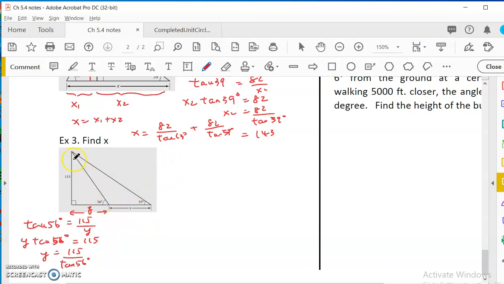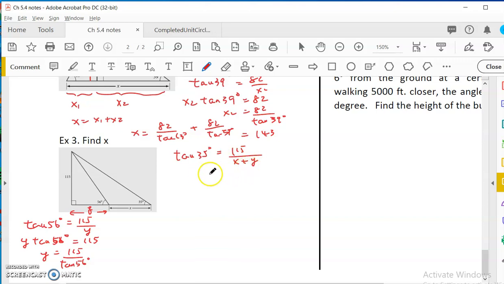And then we have to use this big triangle. This big right triangle also has one angle. This is the missing side. Let's say this is x plus y, and this is the known side. So I have two sides, again, OA. Again, tangent of 35 is equal to 115 divided by x plus y.